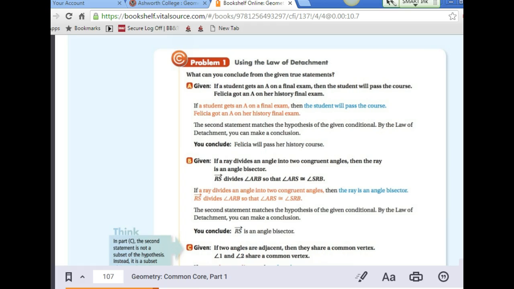B says the conclusion is that the ray is an angle bisector. So the second statement comes along and supports the original hypothesis that RS does divide that into two equal segments. Therefore, we can conclude by the law of detachment that RS is an angle bisector, because that's what the original conclusion would conclude.